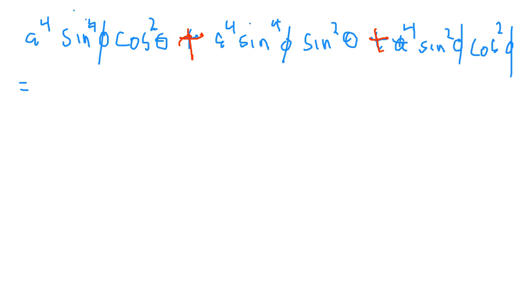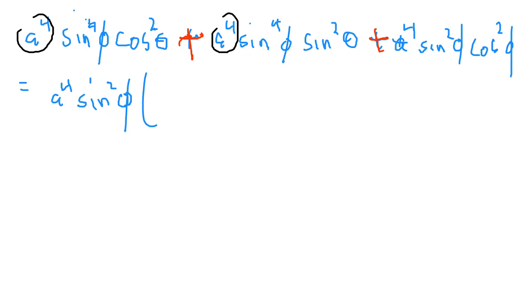Okay, so this will equal a to the fourth times the sine squared of phi, times, okay. The reason I'm saying a to the fourth is that it's in common between all three terms. And then what else is in common is sine squared of phi.